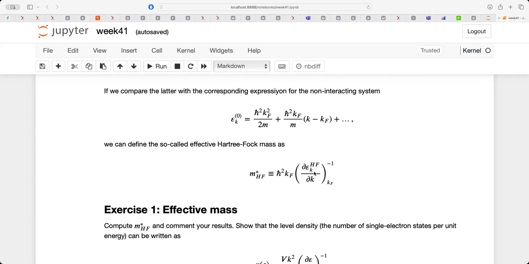So this divergence has to do with the fact that we are dealing with the long-range part of the Coulomb interaction. This is a small exercise which we will look at after we've done with the midterm. And there are some interesting physical properties which relate to the Coulomb interaction and its infinite range.